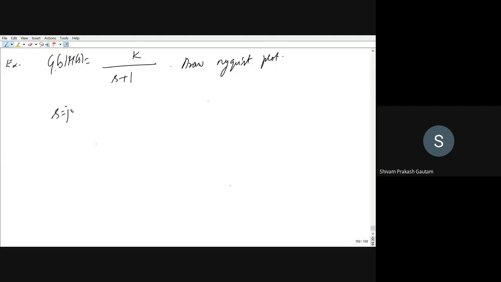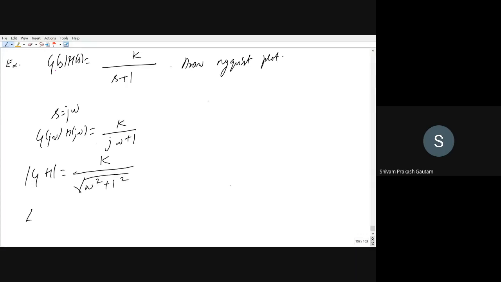That will be G(j omega)H(j omega), equal to K upon j omega plus 1. Then you have to take the magnitude. Magnitude of this will be K upon under root of omega square plus 1 square. And what will be the phase? Phase of this will be minus tan inverse of omega. Up to this part, is it clear to everyone?